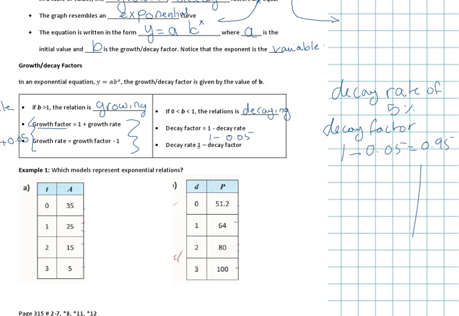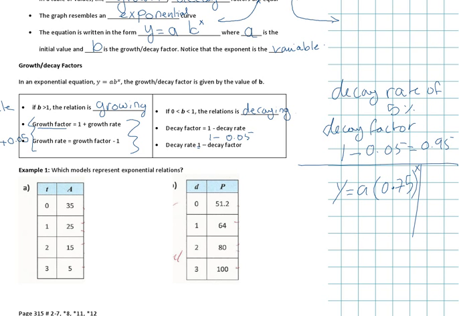Now, if I give you the decay factor, this is another example, and I say this is your equation, and I ask you to find the decay rate, what do you do? What would your decay rate be? 1 minus 0.75.